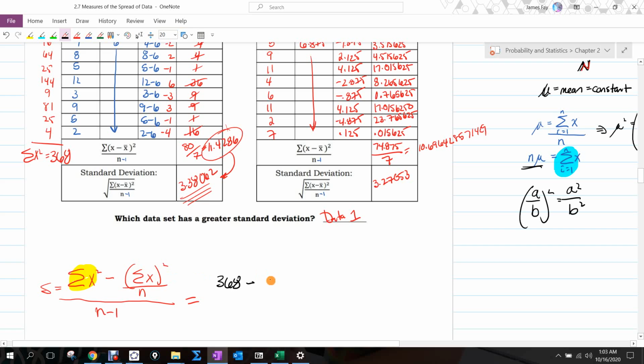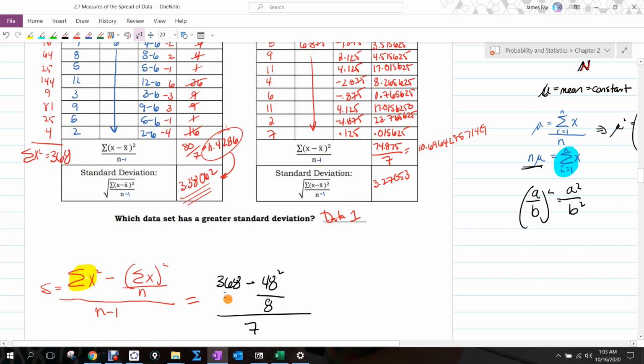So the sum would be 48, then squared. And we'll divide that then by n. So n was 8? And then we'll divide that by n minus 1, which would be 7.